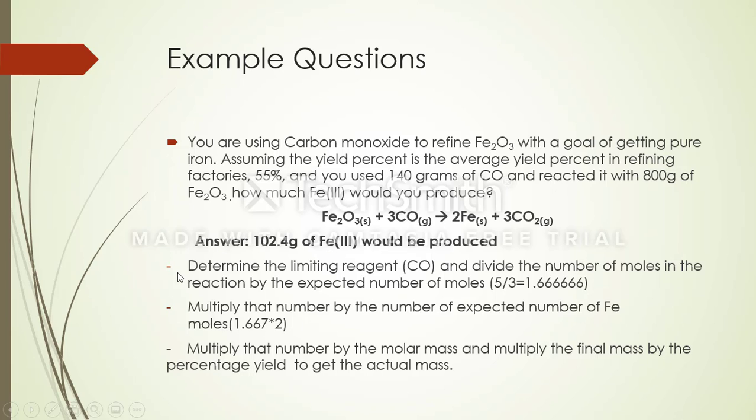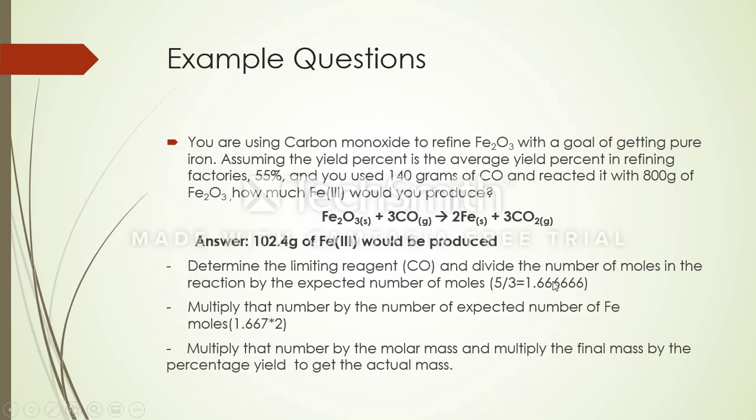Now, I'll give you the step-by-step. First, you have to determine what the limiting reagent is. And you do this by dividing the number of moles in the actual reaction over the theoretical number of moles. Now, in this example, you have 5 moles of carbon monoxide, and then you divide that by the 3, because that's the theoretical.